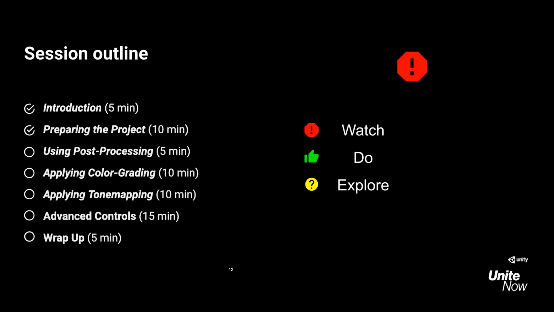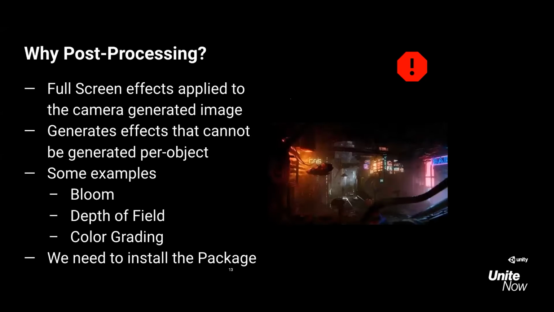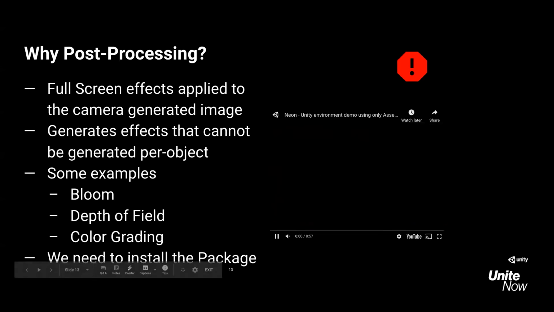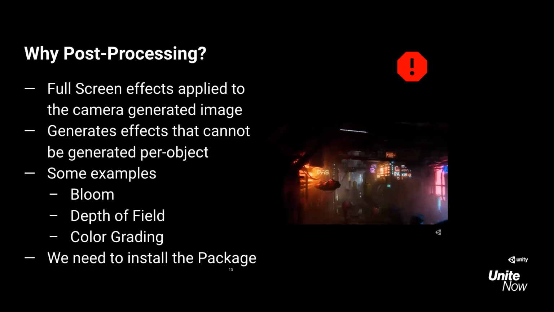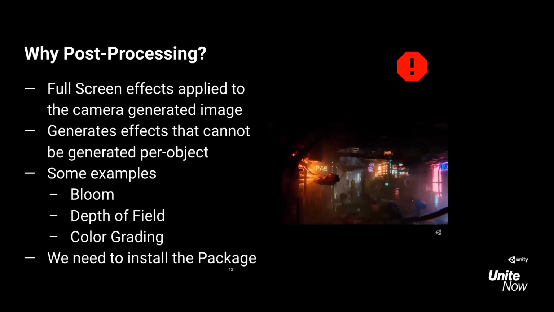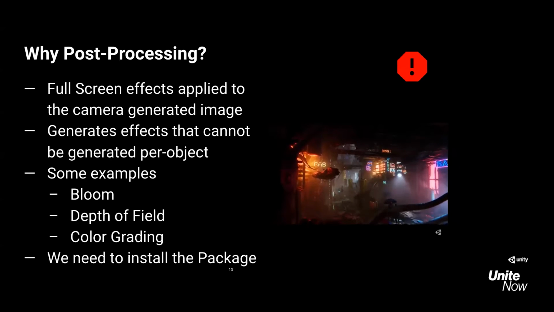So now we have prepared the project. We are going to go to the part about talking about post-processing. So what post-processing is actually? Okay, you know, the way the camera renders the scene it's not exactly, by no means, to how our eyes or real-life camera works.